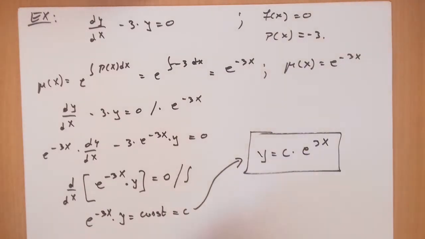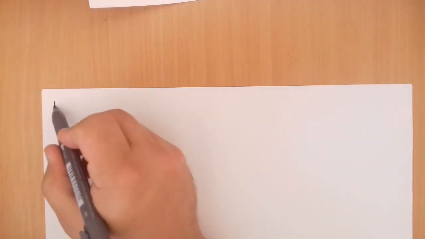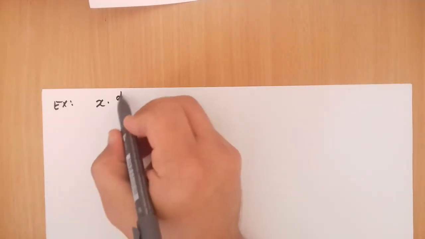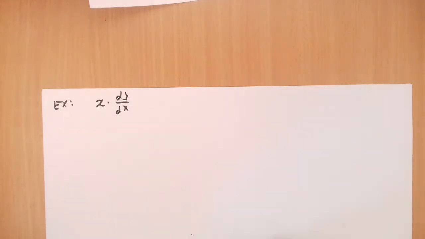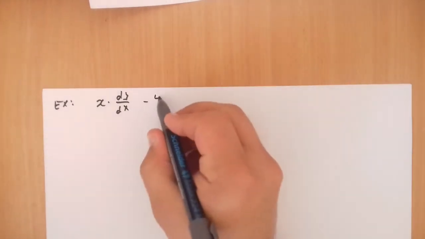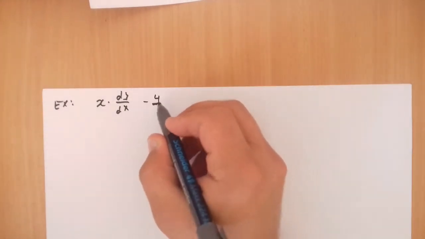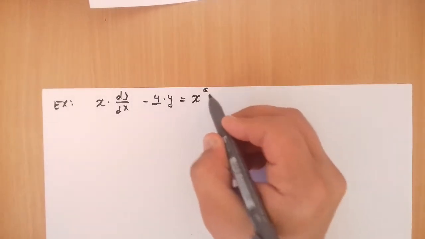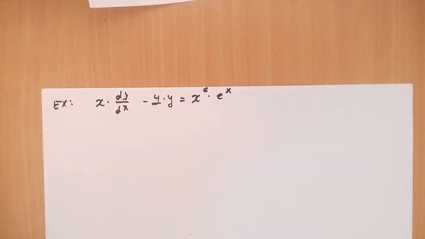We have other equations, for example, x times dy by dx minus 4 times y equals x to the 6 times e to the x.